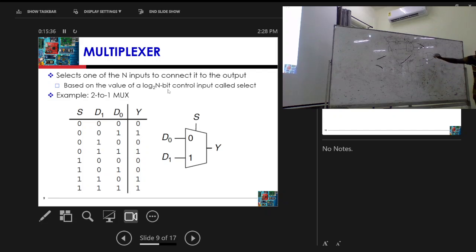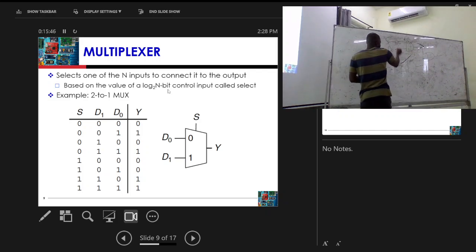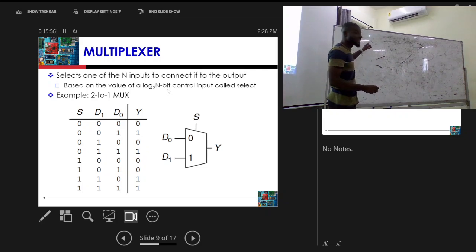So, for instance, we cannot use an AND gate here. It will be impossible. So, if you use an OR gate here, and then let's say now here, I can come and combine because this is S and this is also S, right? I can combine the two like this, right? Have you seen it?